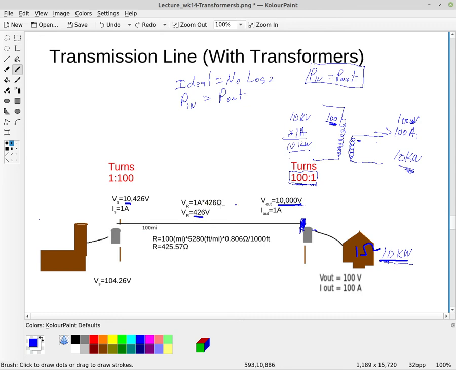But by stepping up the voltage, your current drops.